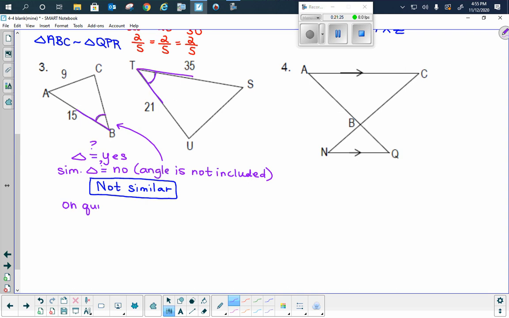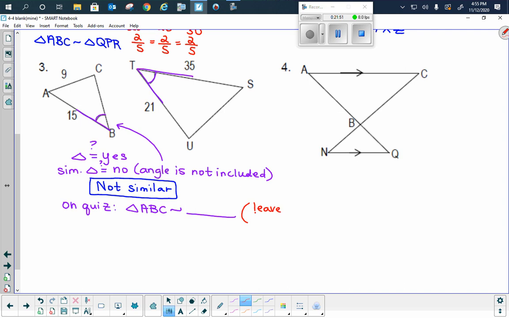If you're doing this handwritten, I'm going to have it set up already. I'll have triangle ABC is similar to, and I'll have a blank, because obviously I'm not going to give you a tip off that this one isn't similar. So it'll say the same thing on every problem. When you get to that, guys, all you do is leave it blank.